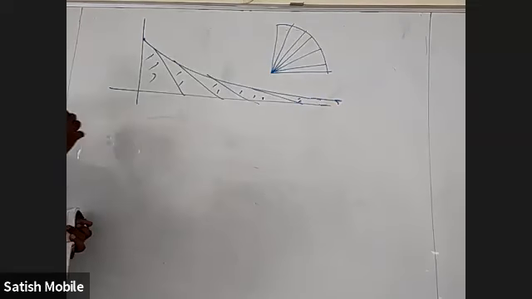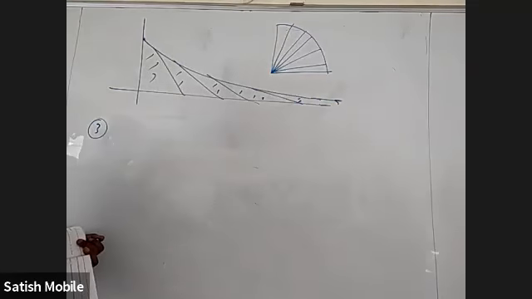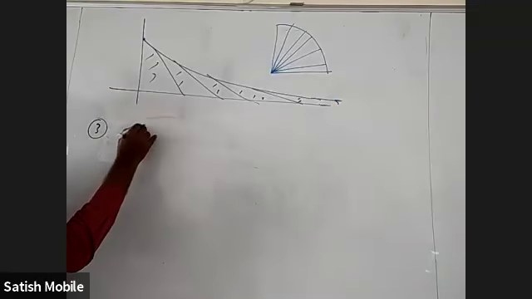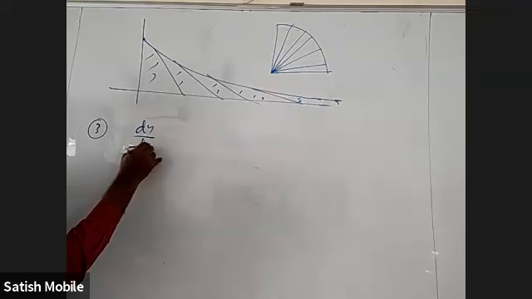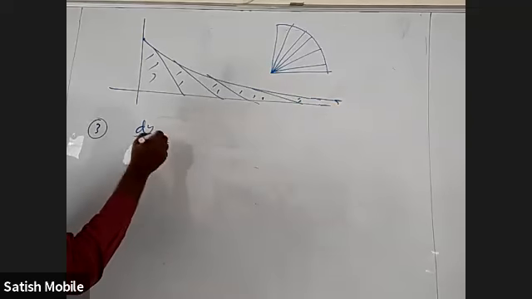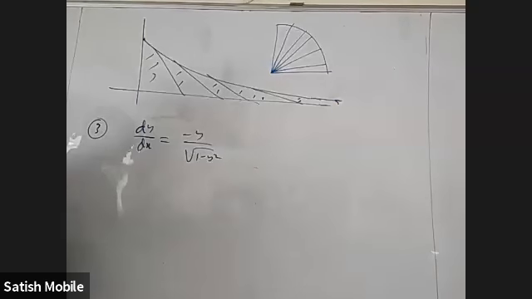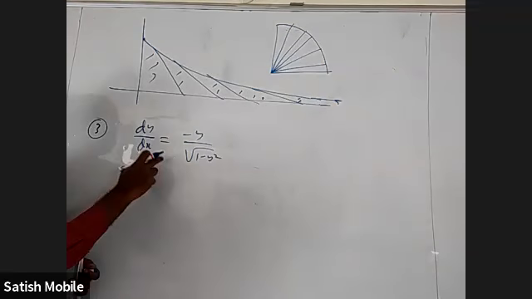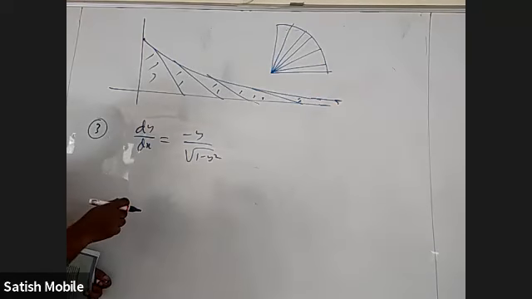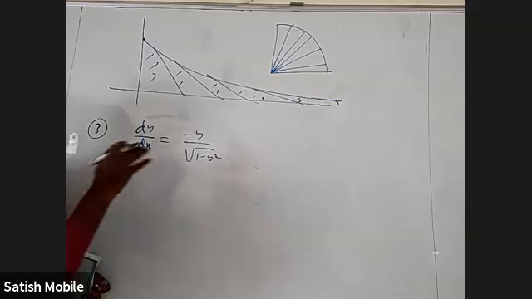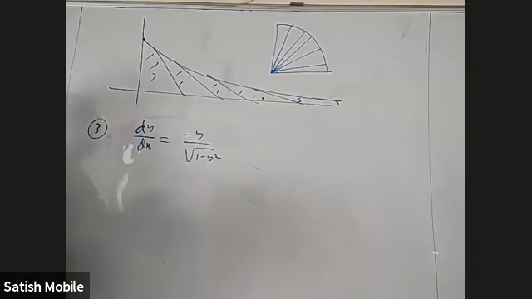Okay, orthogonal trajectory, the third question. I think our differential equation for the original family is dy by dx equal to minus y by root 1 minus y square, isn't it? In the beginning of this passage. Yes. So for the given family of curves, dy by dx is minus y by root 1 minus y square.